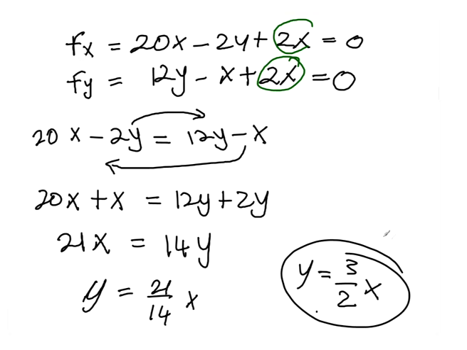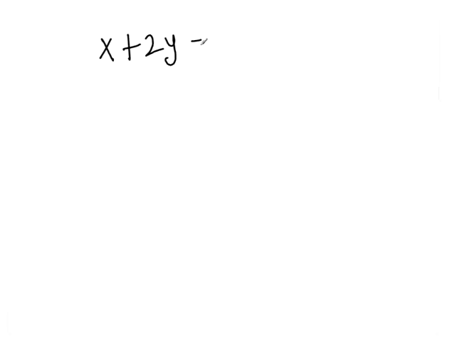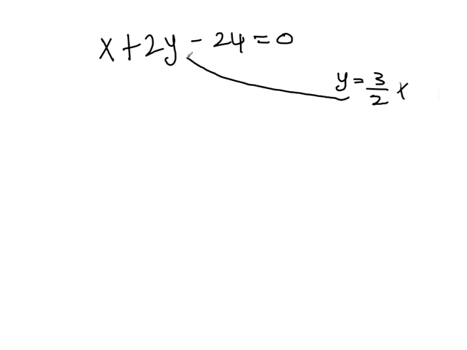Now you have to incorporate y equals to 3 over 2 x into the third equation, x plus 2y minus 24 equals to 0, in order to solve for x. X plus 2 times 3 over 2 x minus 24 equals to 0.